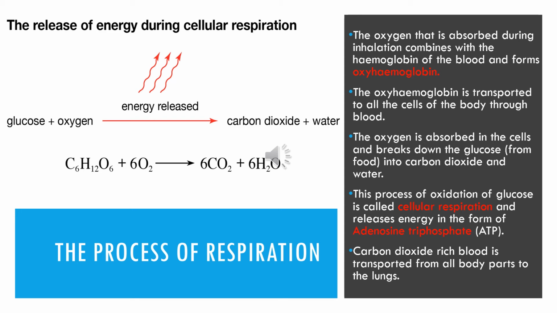This process of oxidation of food is called cellular respiration and releases energy in the form of adenosine triphosphate or ATP. Carbon dioxide rich blood is transported from all the body parts to the lungs.